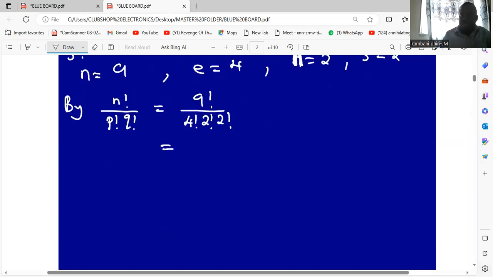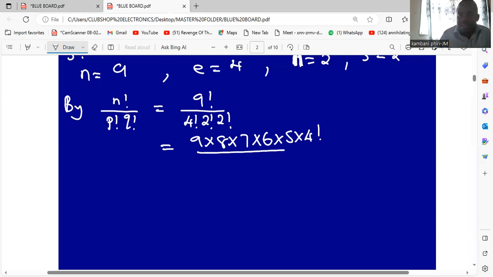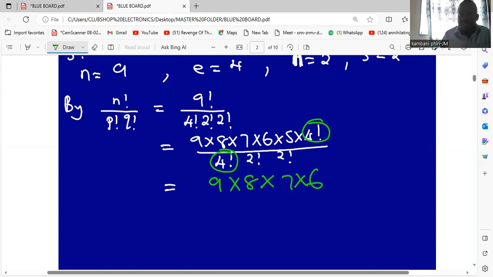So now we can break down the 9 factorial up to the 4th factorial: 9 by 8 by 7 by 6 by 5 by 4 factorial, divided by 4 factorial, 2 factorial, 2 factorial. So 4 factorial and 4 factorial will cancel. So I've got 9 times 8 times 7 times 6 divided by 2 factorial, which is 2 times 1.